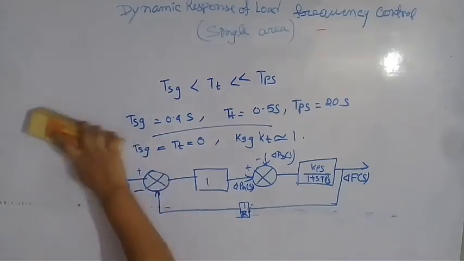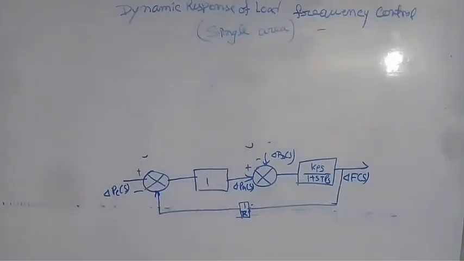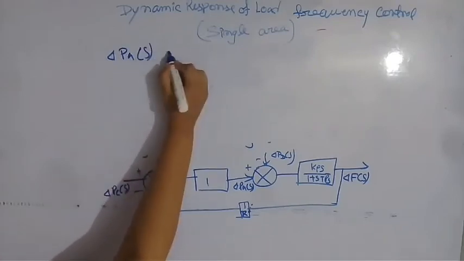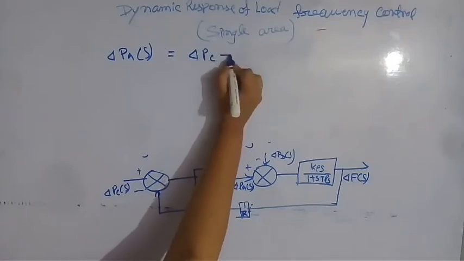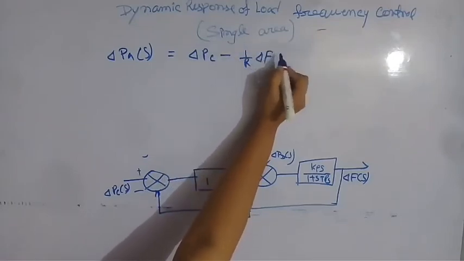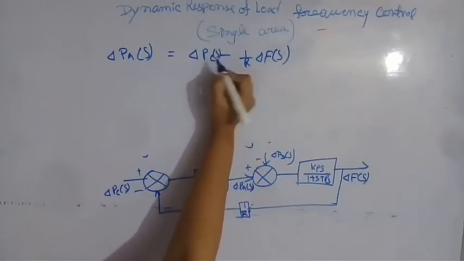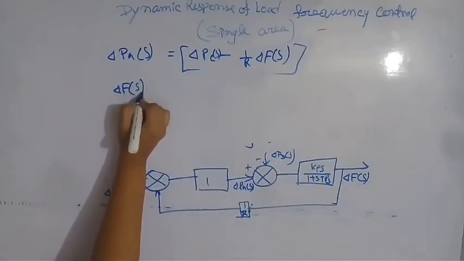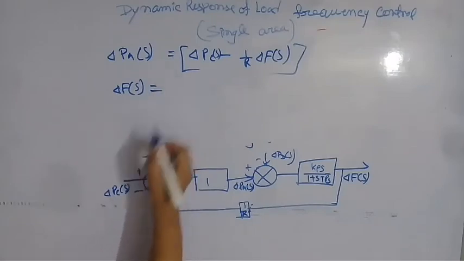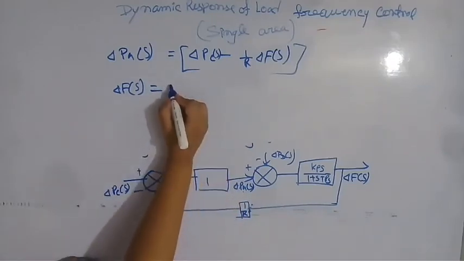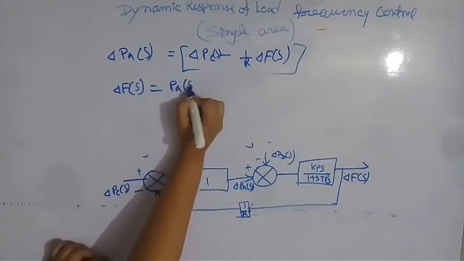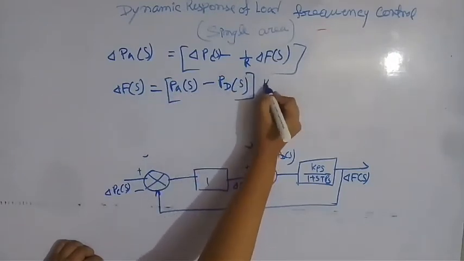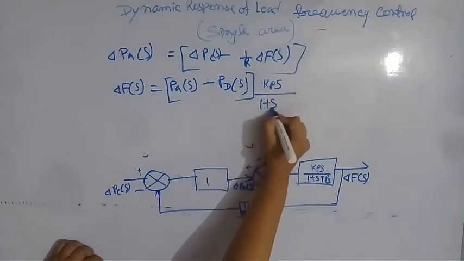Now from this block diagram, delta PGS is equal to delta PC minus 1 by R delta F. And delta F of S is equal to (PGS minus PDS) into KPS by 1 plus STPS.